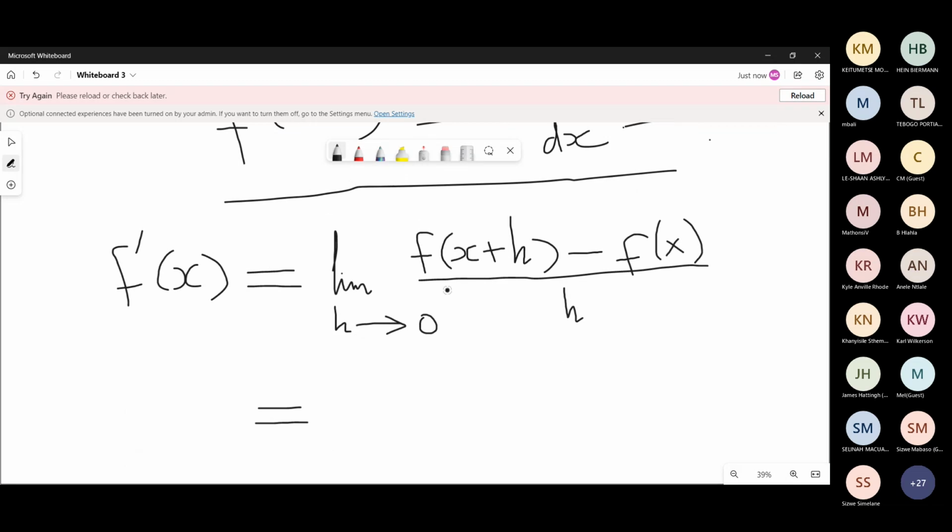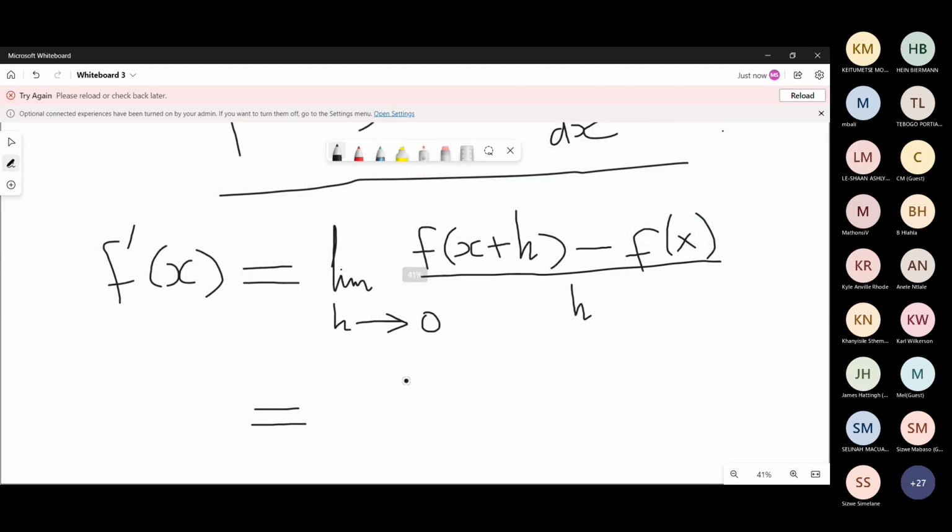Now we come here. So now f of x plus h is here: we have x plus h, second power 2, plus 3, right?